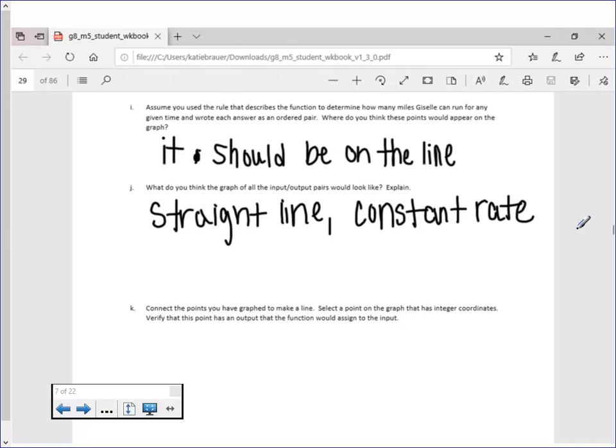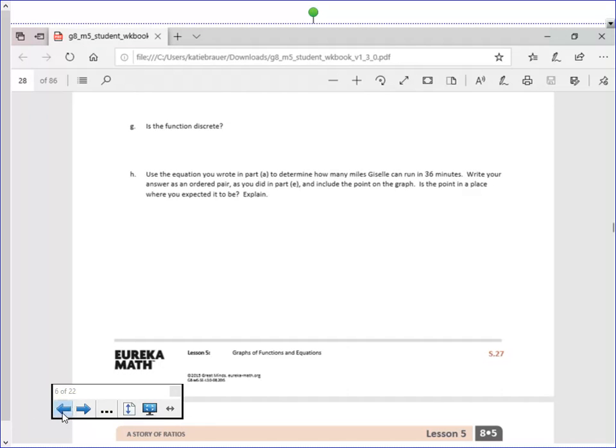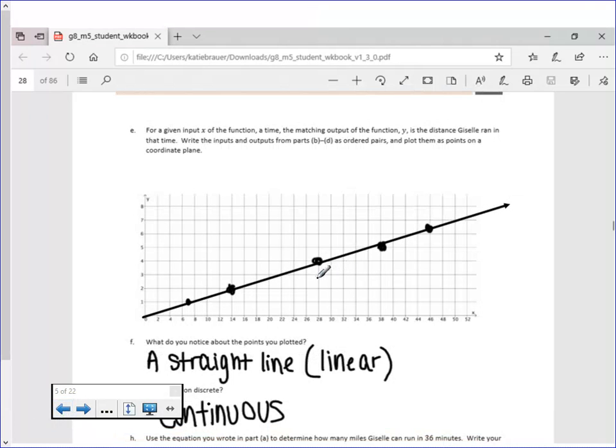And the last one says, connect the points you've graphed in a line, select a point on the graph, and verify that it works. So we already connected our points. We're going to go back to our graph. I'm going to look and see at 6, up here, here's 6, where would it fall?